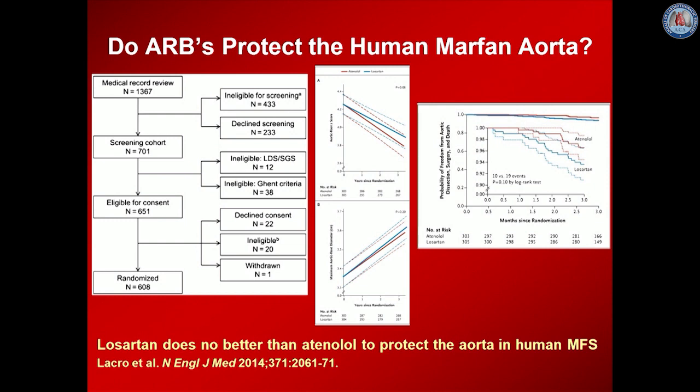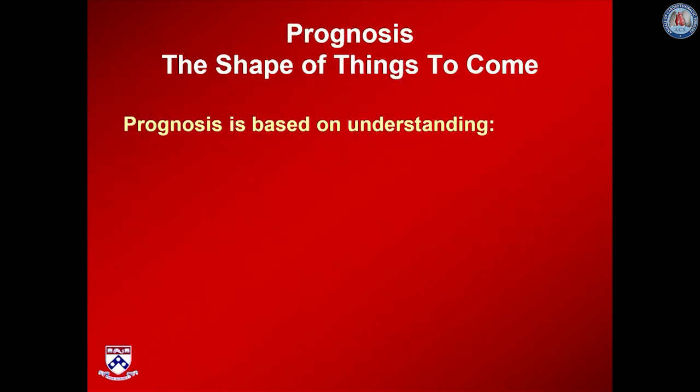Thus, current medication remains either beta blockade or angiotensin receptor blockade, and knowledge of the pathogenesis has not directly led to improved therapy. So what is to come?